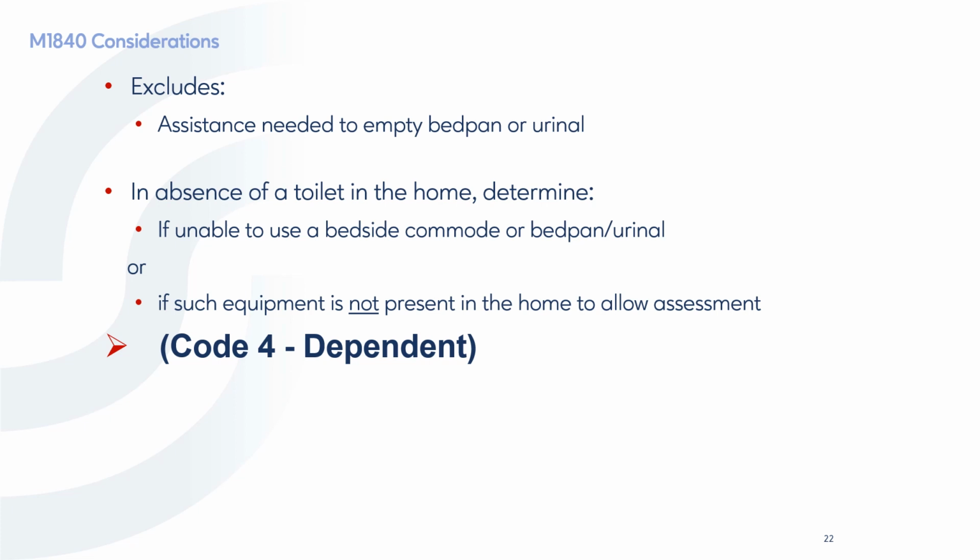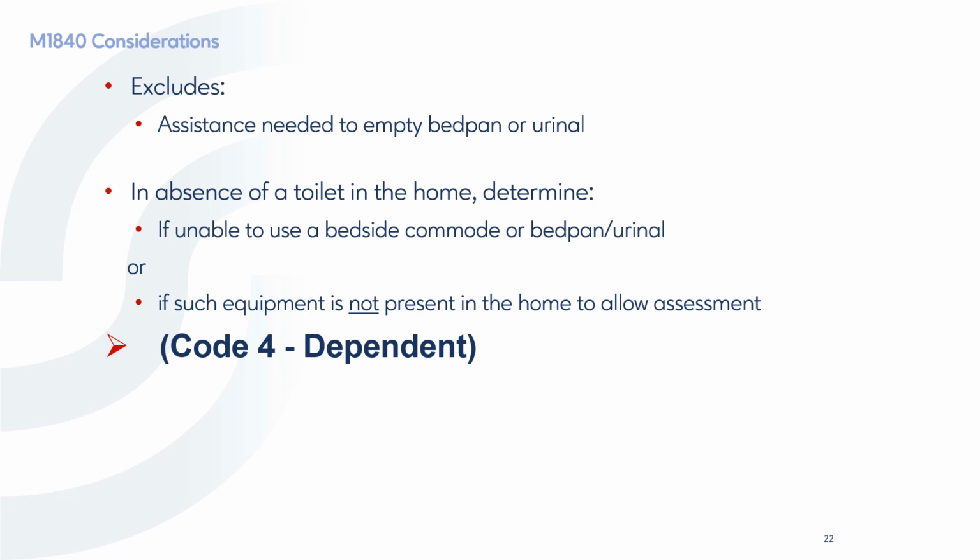And this comes up most often in a total hip patient, where the provider has told them that they need to have the elevated toilet seat in order to safely sit on the commode. And it hasn't shown up yet. It is not in the home yet. You would have to put this patient as a code 4 at this time, because however it is that they're currently sitting on the commode is not a safe task for them.